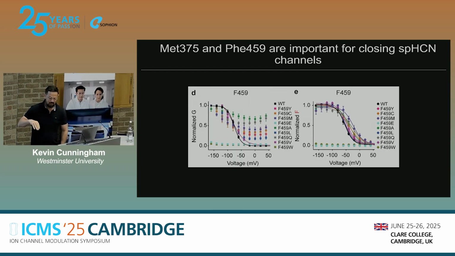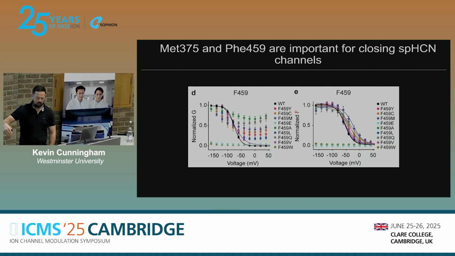So then we looked at the phenylalanine, the associated member, and again, we ran a whole series of different compounds, and with the exception of the tryptophan and the glutamine, which were non-functional, but they also had no fluorescence movements. We don't know if there's a trafficking issue there or if it's just a completely non-functioning channel.